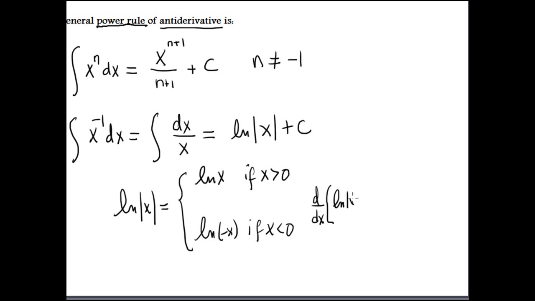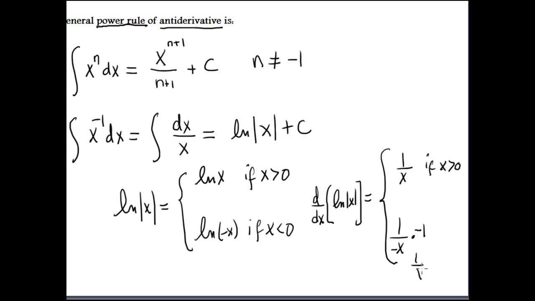You consider it like a piecewise function. The derivative of logarithm is 1 over x if x is positive. The derivative of natural logarithm of negative x is 1 over negative x, multiplied by, by the chain rule, the derivative of negative x, which is negative 1. A negative divided by a negative is positive. Do you see it's the same function regardless if x is positive or negative?